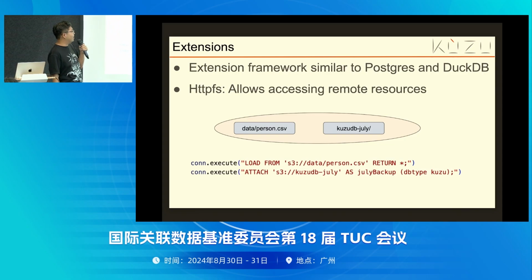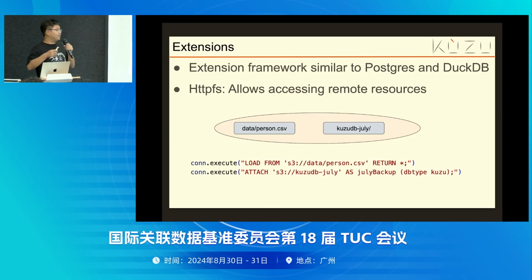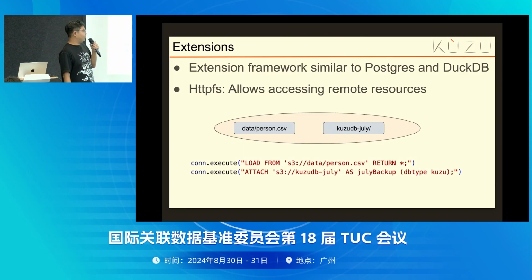This extension basically allows you to access resources remotely, which could be a server or an S3 bucket. In the example here, let's say we have an S3 bucket with several things in it, a CSV file and a database directory.